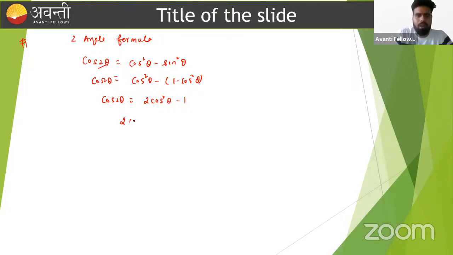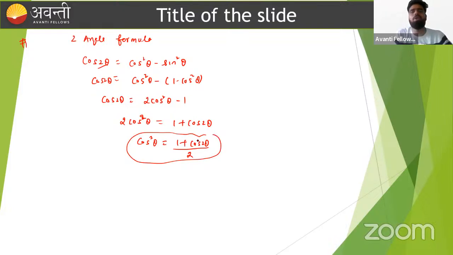Okay, so how can we write 2 cos square theta? 2 cos square theta can be written as 1 plus cos 2 theta. And cos square theta, finally we can represent as (1 plus cos 2 theta) by 2. I hope this is clear. Very important. That's why we can say this is the God formula.